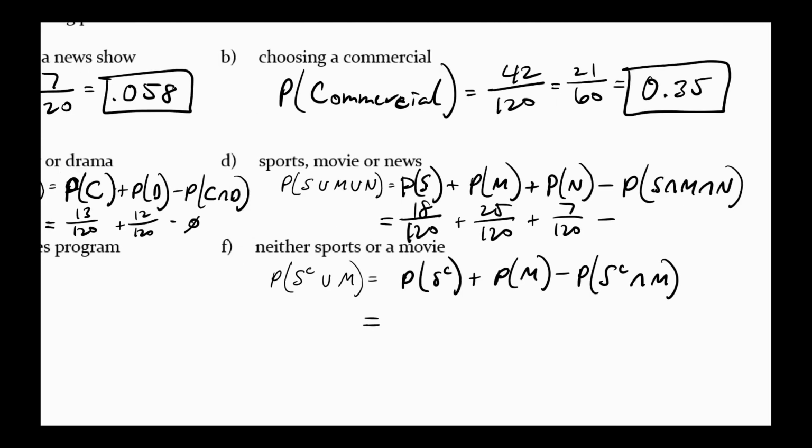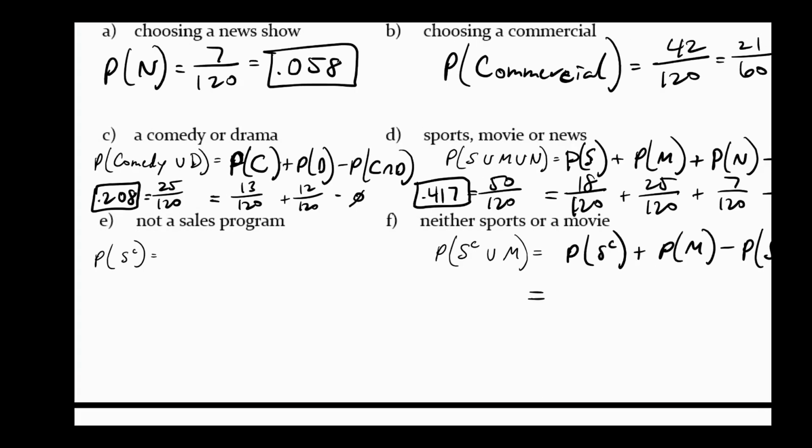There are no sports, movies, news channels. 18 plus 25 plus 7 is 50 out of 120, which is 0.417.